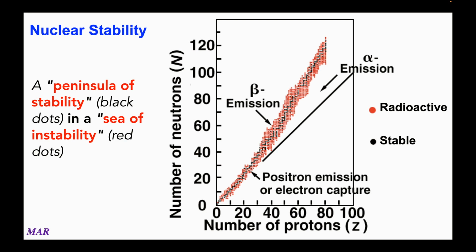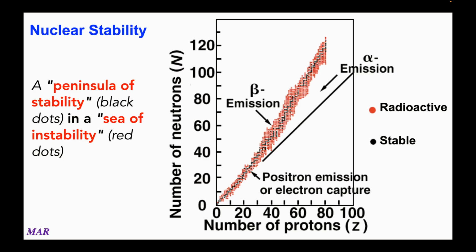It's this little tiny part of land, if you will, that juts out from the mainland, and all around it is the ocean. Though it's not really an ocean, it is called the Sea of Instability. So all of those red unstable isotopes surround the stable ones. Again, it's called the Peninsula of Stability in the Sea of Instability.